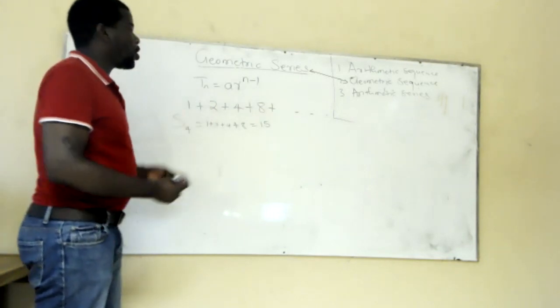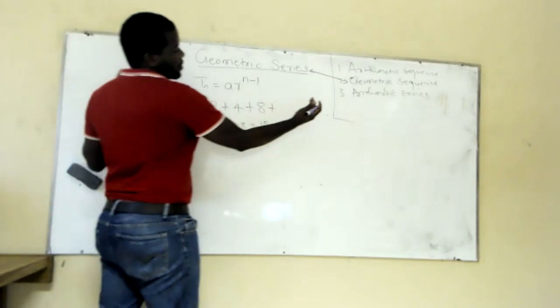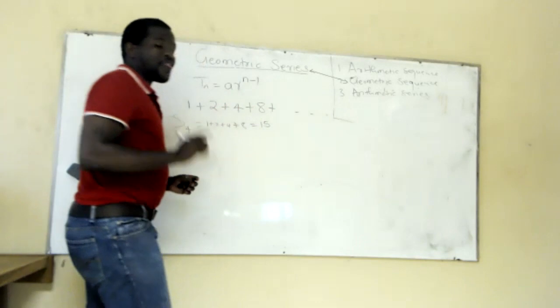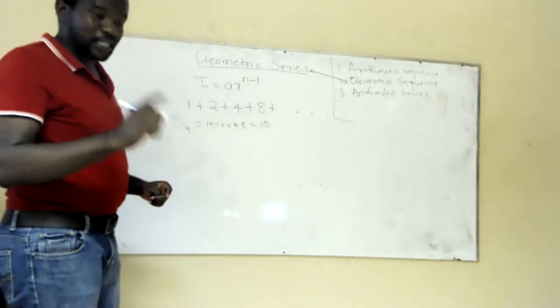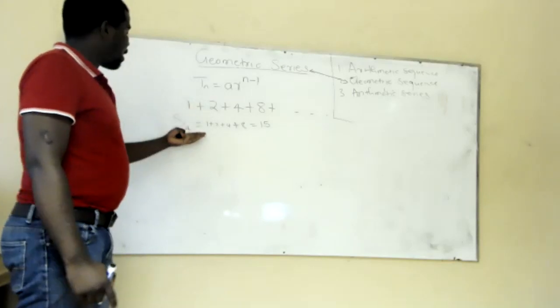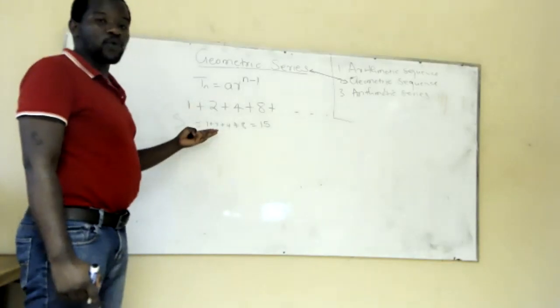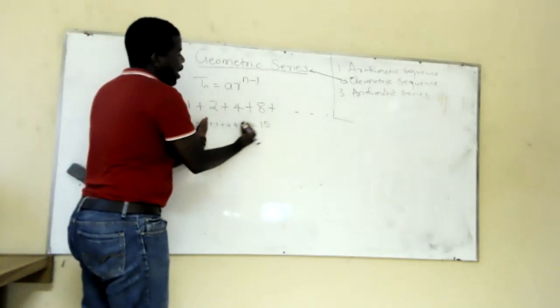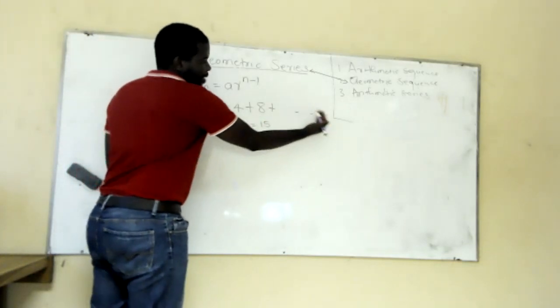Let's give an example. Let's say maybe we want to find the sum of 10 terms, the sum of 100 terms. That is not going to be simple, I can tell you. It cannot be simple for you to get the sum of 110 because you can't get it the same way we have here. It could be very difficult for you to add the 110 terms and get the answer.